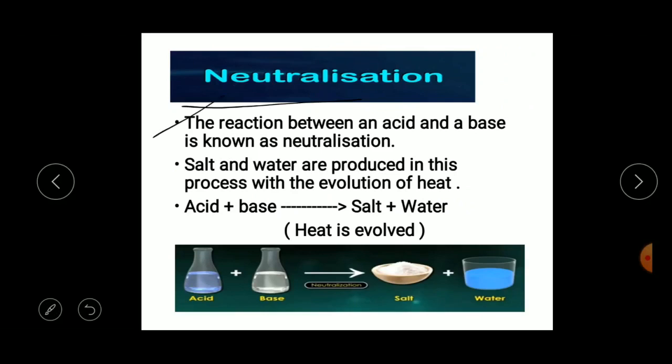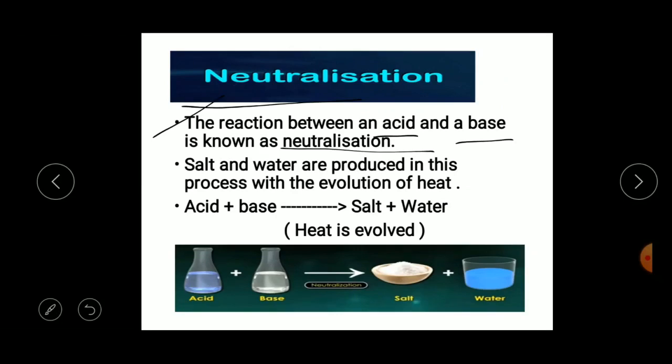The reaction between an acid and a base is known as neutralization. In the previous class we studied separately what acids are and what bases are, right? So when we bring the acid together with the base, the reaction between this acid and base is called neutralization. Understood?